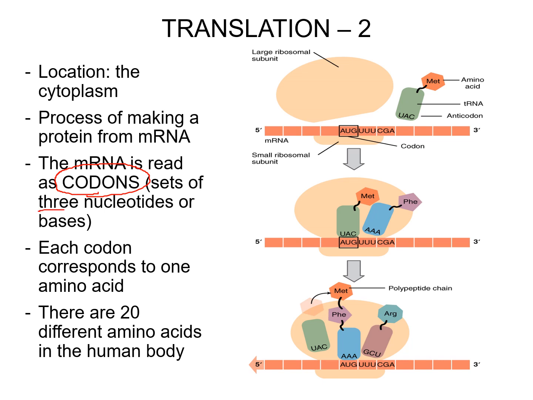So everything is going to be in sets of 3 regarding the nucleotides, the messenger RNA, the amino acids. Remember that we have 20 different amino acids in the human body. Each codon, or each triplet, corresponds to 1 amino acid.